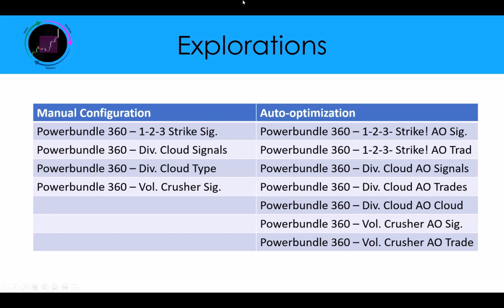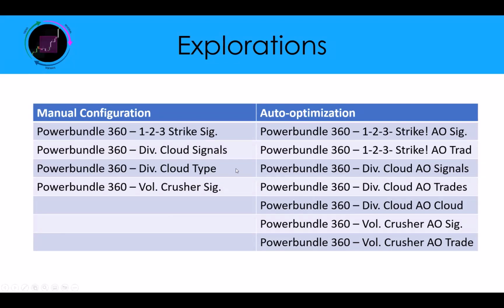Now, when it comes to these predefined scans, once again, we have 4 scans, one for 1-2-3 strike, 2 for divergence cloud, and 1 for volatility crusher, which are meant to be used with the manual configuration. Again, manual configuration here means that we manually pick the indicator parameters to be used for these scans. And why do we have 4?